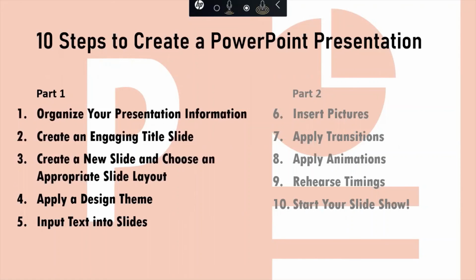We selected our new slides and chose the appropriate slide layouts for the kind of information we have in our presentation. We applied a consistent design theme. And of course, we input our text into the slides and just did a little review to check for any spelling errors. And we also got rid of those background graphics on the title slide, just to clean up a little bit.